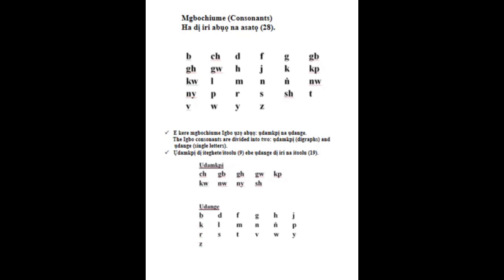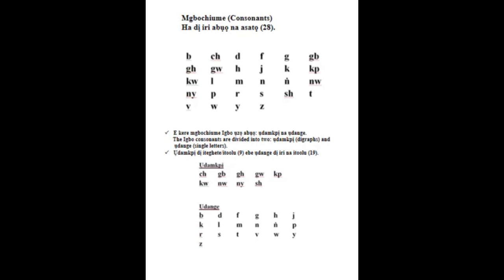The next one is ụdange. Nge is single. Whenever you hear nge in Igbo, it means single, one. Ụda is sound. The word ụda means sound. So ụdange: bi, di, fi, gi, hi, ji, ki, li, mi, ni, nge, pi, ri, si, ti, vi, wi, yi, zi.